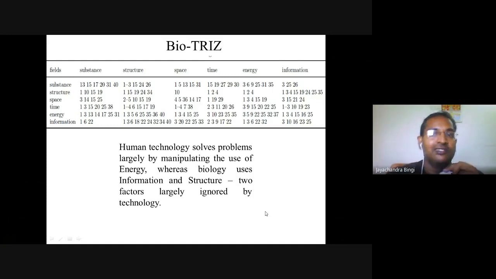Next, information. Information is when you are understanding a problem or a system: is that system information based? Information, definitely you know bits and bytes, and you know how sensors receive information and use it for different purposes. So information, of course, you can understand with respect to bits and bytes, no problem.